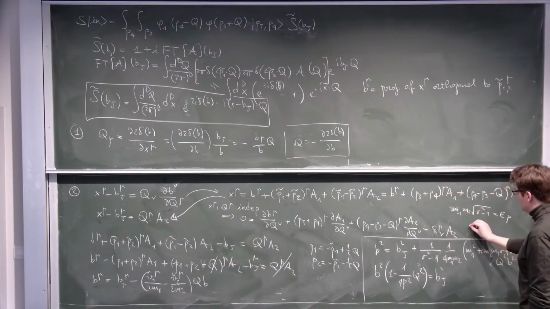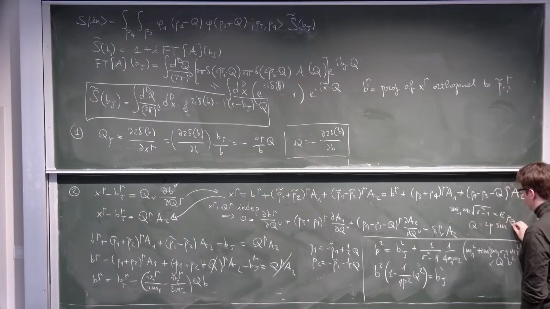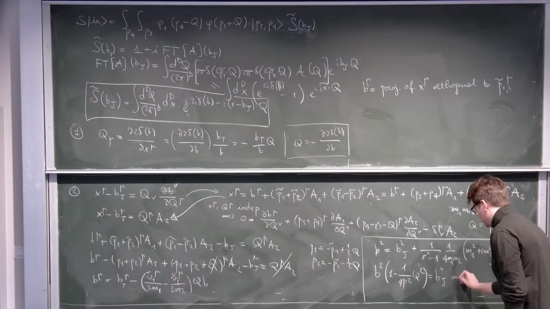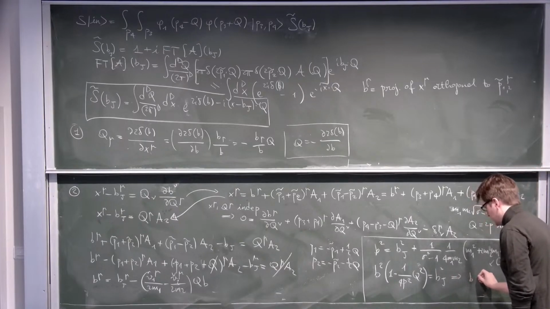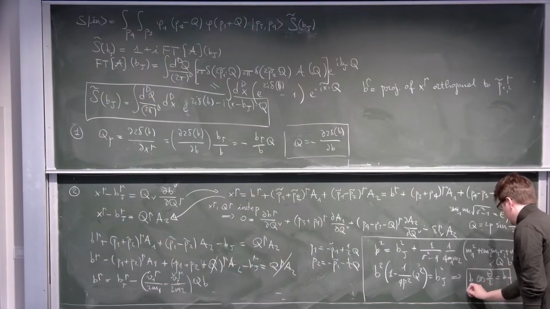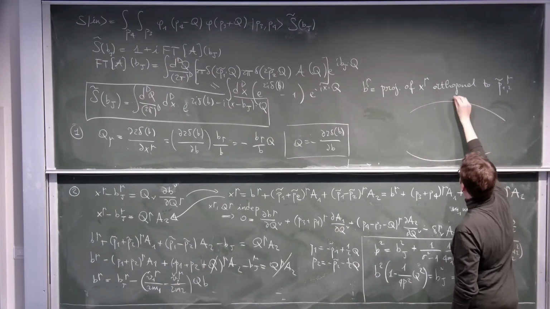But Q is also equal to 2P sine of theta over 2 in the center of mass frame. So this is precisely B cosine theta half equal to B. So the conclusion is that the drawing is correct.